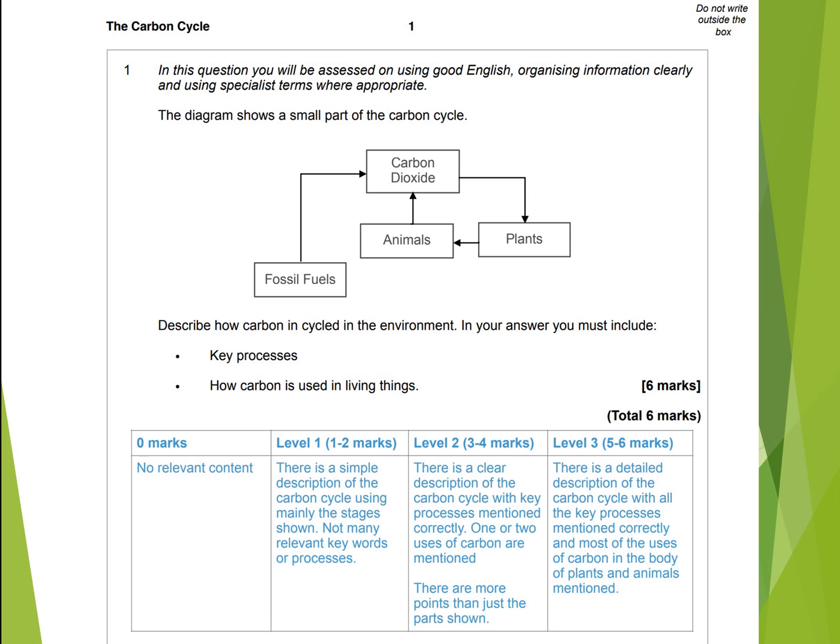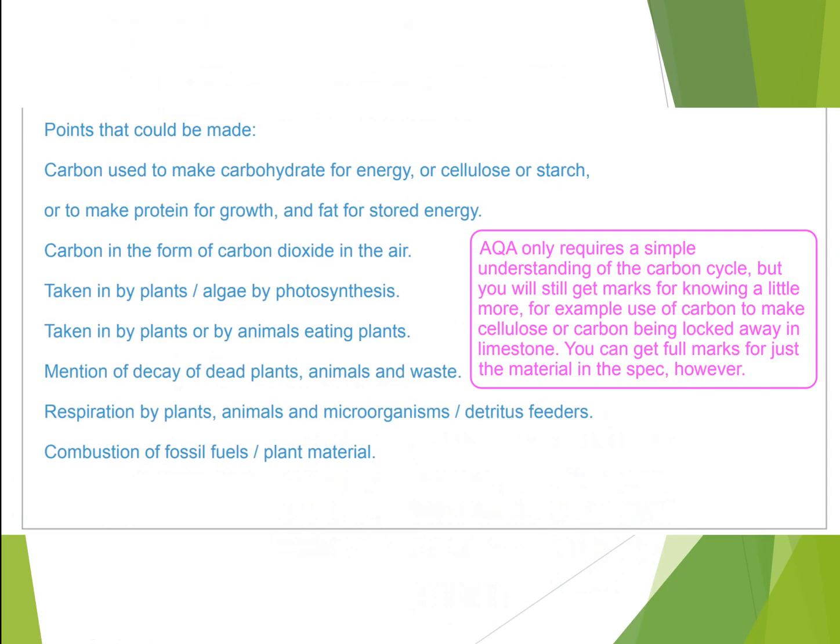So what about the actual content? So most examiners will read through your answer twice. They'll be looking for whereabouts they think you fit in terms of the level, and then they'll be looking for the content. So, points that you could make is that carbon is used, normally most people get to make carbohydrate, okay? Some people will mention starch for energy, carbohydrate for energy, or sugars.